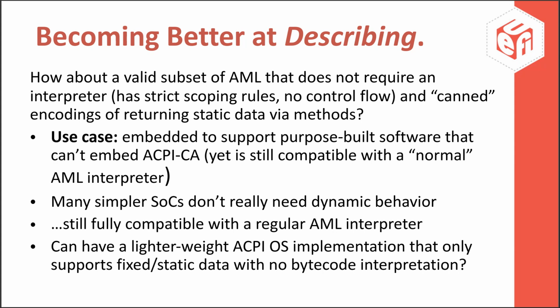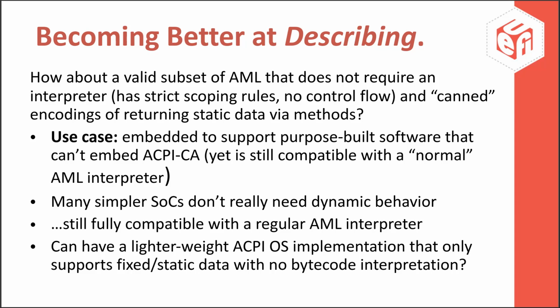Will this be useful for anything? Well, first of all, many of the simpler system on chips don't really need dynamic behavior. They're just saying, here's my USB controller here, and here's my PCI root complex over there. And if you make this a restriction on what can go into a method, and in what order, then you can still make it fully compatible with a regular AML interpreter.